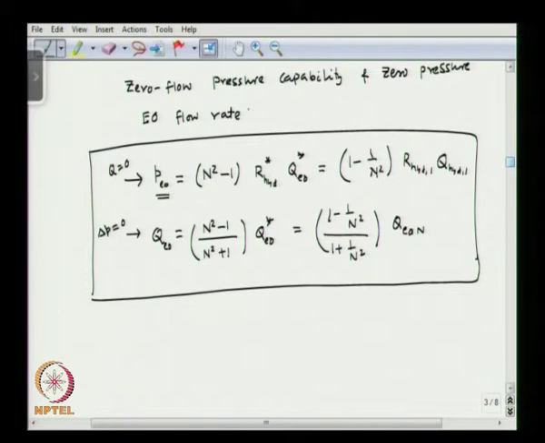Now, in these two equations, if we say that n is increasing continuously, if we have more number of smaller and smaller channels in the part 1 of the electroosmotic pump, then we would see that the pressure capability will be same as the pressure capability of a single small size electroosmotic pump, okay, because of the smaller channel, as n is very high.